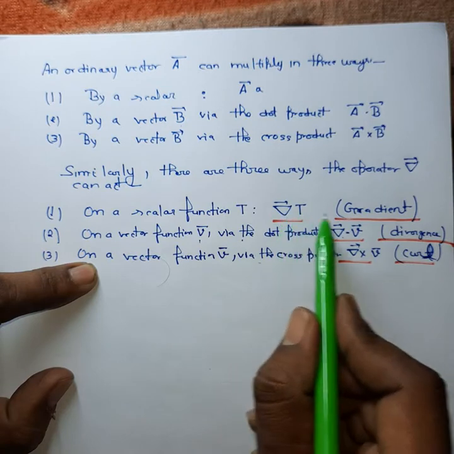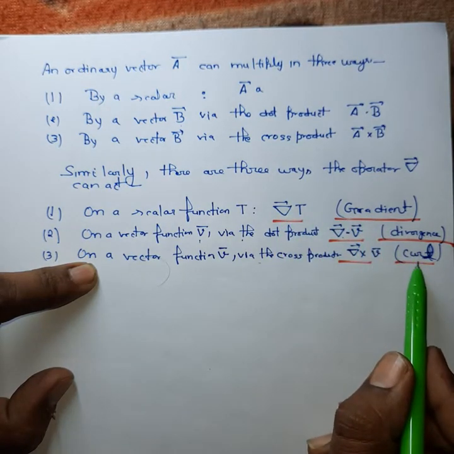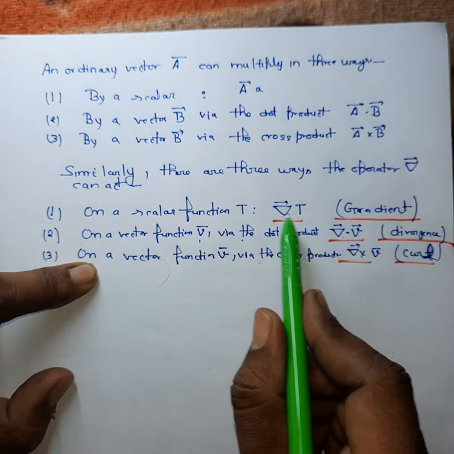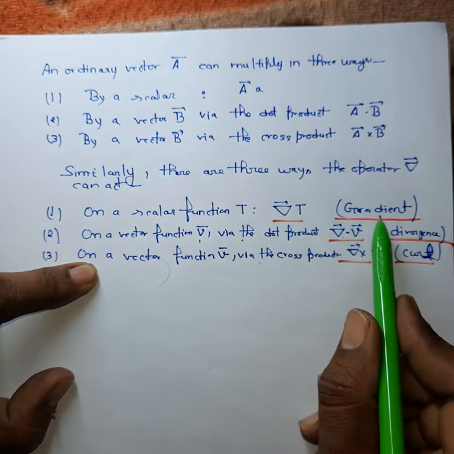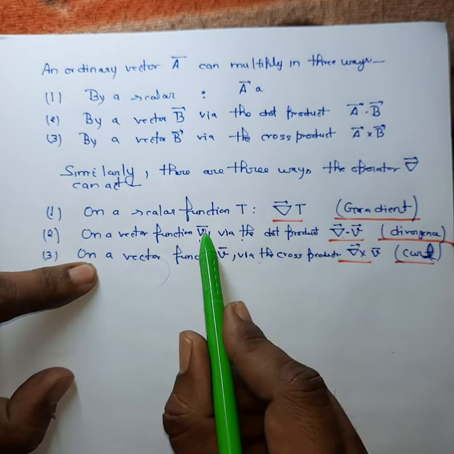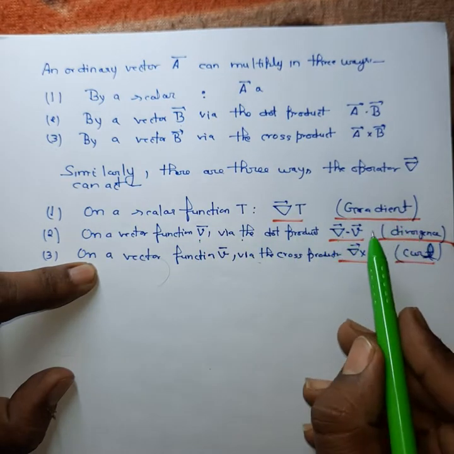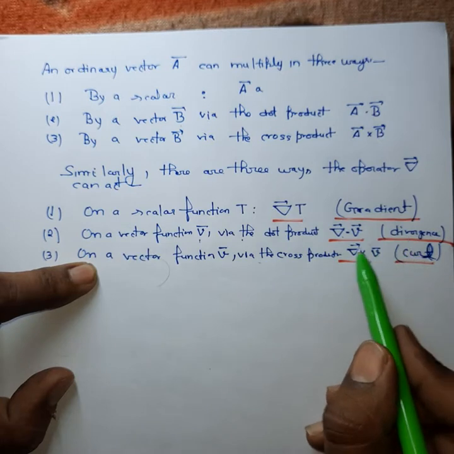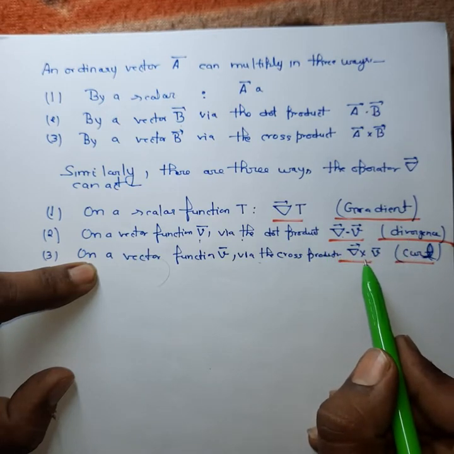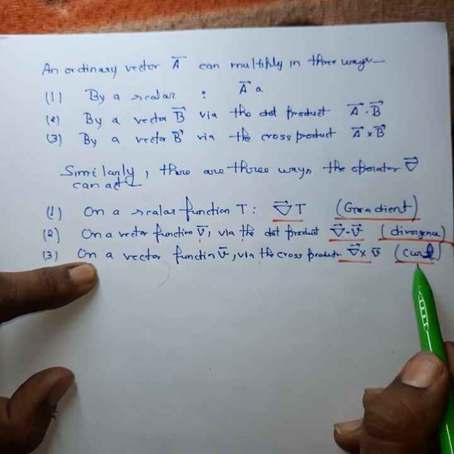So you see that there are gradient, divergence, and curl. These are the definitions. When del operates on a scalar function, it is called gradient. When del operates on a vector function via dot product, it is called divergence. When del operates on a vector function via cross product, it is called curl.